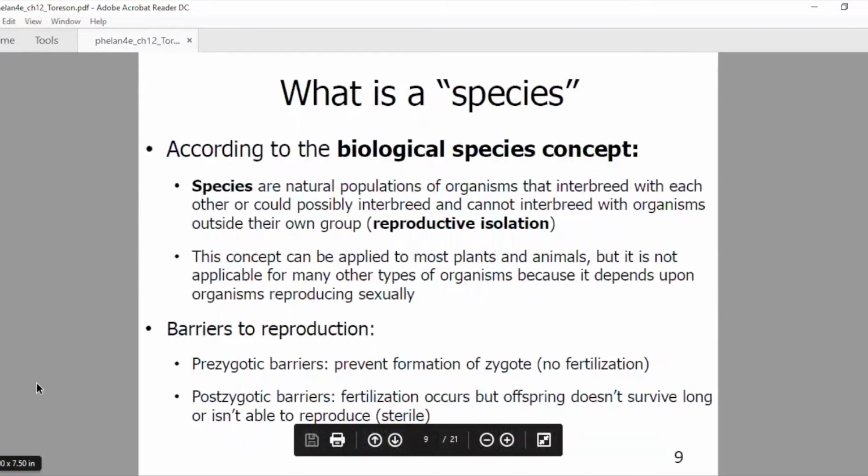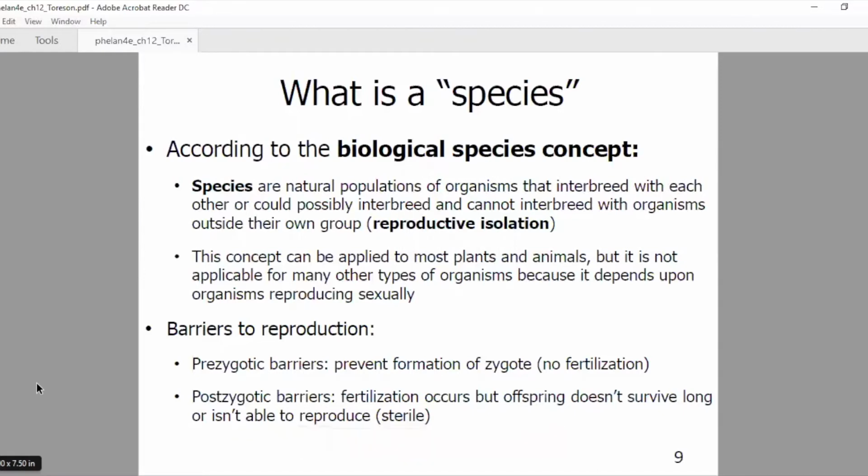When we're talking about the origin of life and the development of species, we need to define what we mean by the word species. There are several ways to do this. We are looking at 2 different ways: the biological species concept and then the morphological species concept. According to the biological species concept, species are populations of organisms that can interbreed with each other or could potentially interbreed and cannot interbreed with other organisms outside their own group.